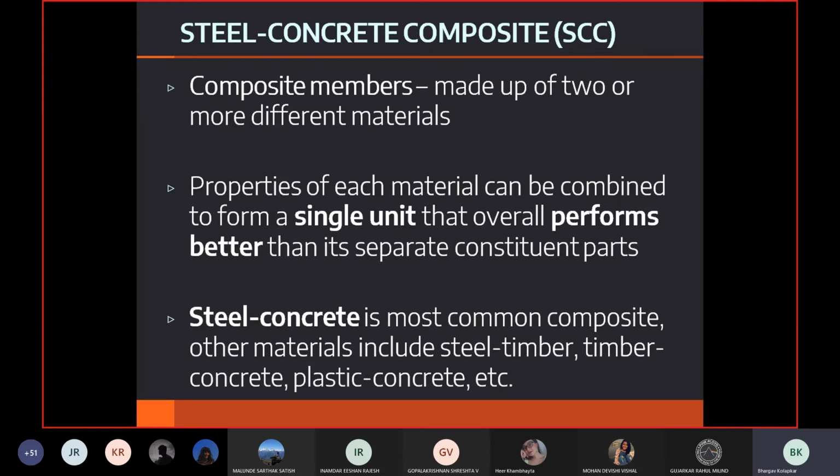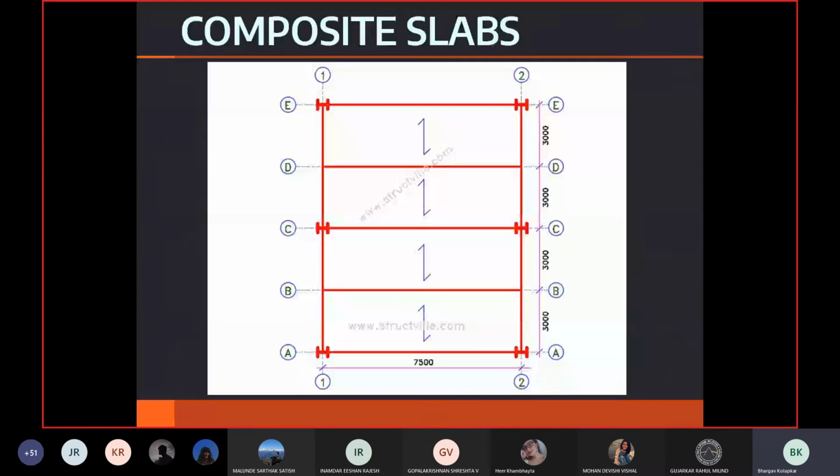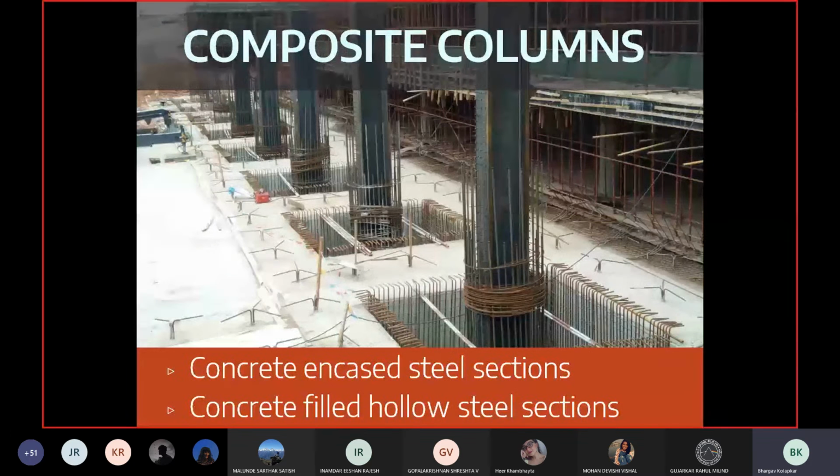Basically, reinforced concrete itself is a composite material. But when we specifically say that we are looking at steel-concrete composite, we are not using steel only as reinforcement, but also structural steel sections. Perhaps I would give this image first, so that you understand the difference.